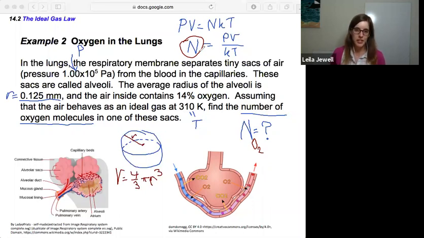So when we get this N, it's going to be all of the air. So if we want the N of just the oxygen, we're going to have to take the N of all the air and multiply by that 14%, or by 0.14, to see how much of the air is actually just oxygen. This is a pretty good overview of where we're headed.